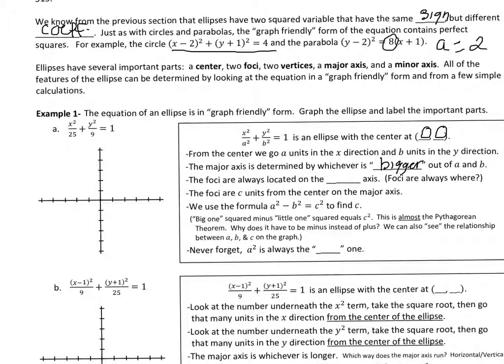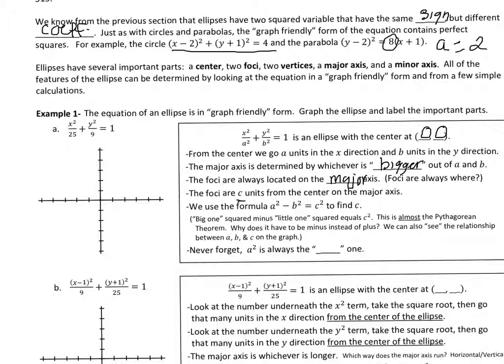Now, the foci are always located on the major axis. So in an ellipse, the major axis is always the bigger one. The minor axis is the smaller one, and the foci are always on that bigger axis. Always, always, always. Okay? And then the foci are what we call c units from the center, again along the major axis.